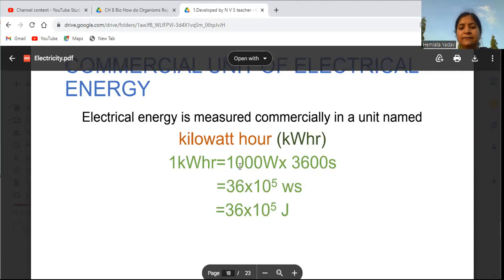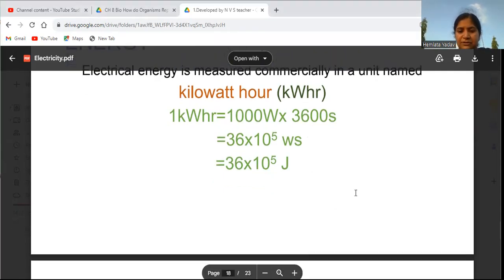In the NCERT it is written as 3.6 into 10 raised to power 6 joule. So this was the last topic of this chapter.